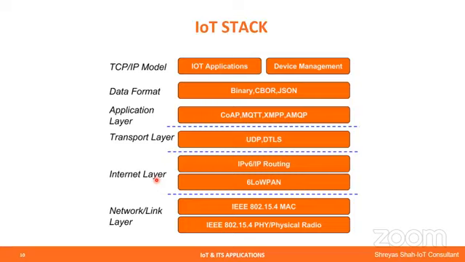Let's say, I'm not sure how many of you have used a Philips Hue bulb. In your free time, you can just search for Philips Hue bulb. These are normal bulbs, but with the ability to get connected.